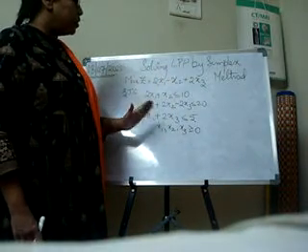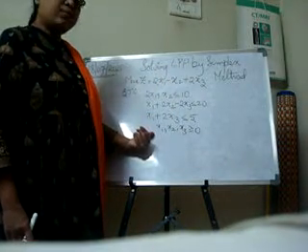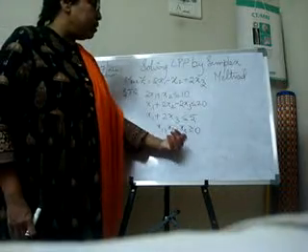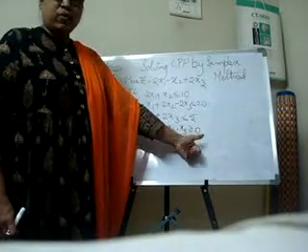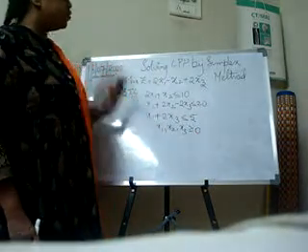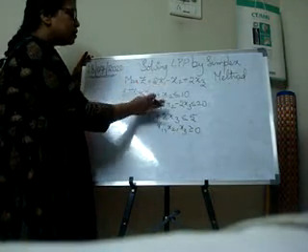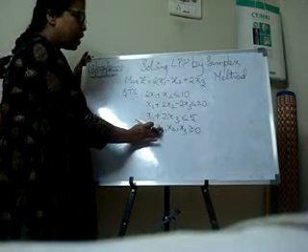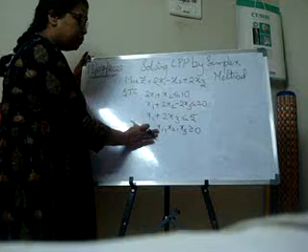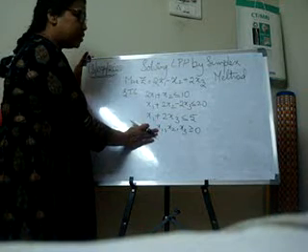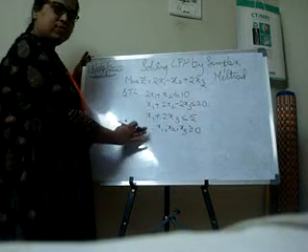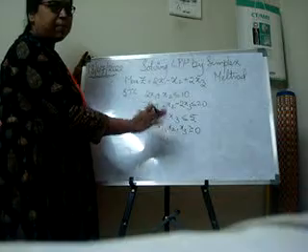And all the variables x1, x2, x3 should be greater than or equals to 0. The objective function, subjective constraints and non-negative restriction put together is called linear programming problem.